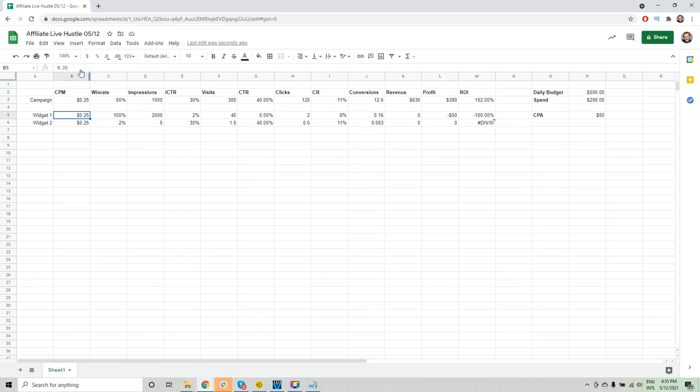So what are we going to do with widget 1? We are going to decrease this bid so that we don't get as much traffic as we did, all right? I'm not going to turn it off based on the fact that I have a 100% win rate with a bid that somewhere else gets me 2%, because it may be the case that the quality is bad and there's no competition, hence the prices are low.